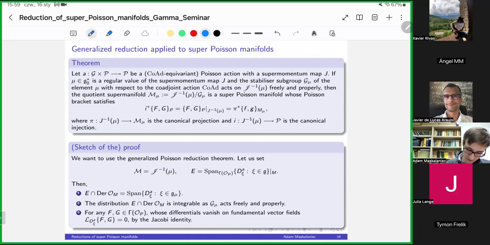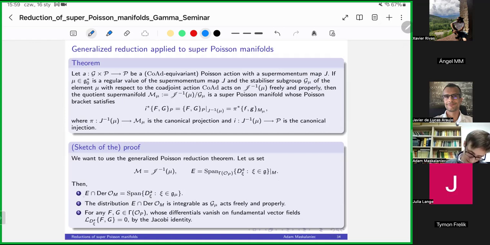And this classical theorem can be exactly proved just by application of our previous generalized super Poisson reduction. So we take our submanifold M of the super Poisson manifold P to be the fiber of the supermomentum map, and we take our distribution E to be a distribution spanned by the fundamental supervector fields.